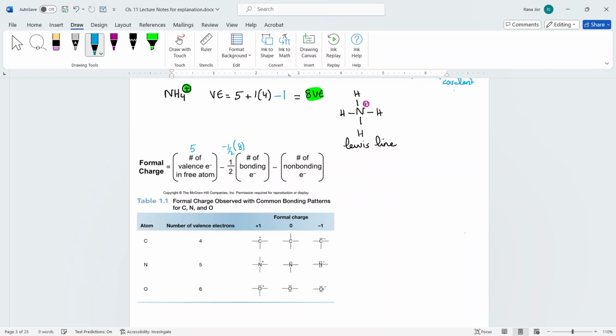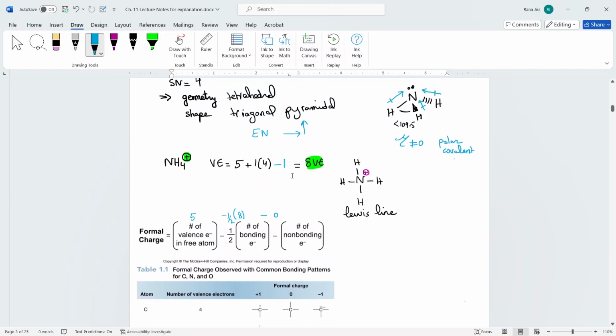So that is 8, minus the non-bonding, which is 0. That is 5 minus 4, which is +1. This is why the charge of the nitrogen is +1. But it's always faster and easier to go with the table rather than putting in all these values and wasting time in the exam.